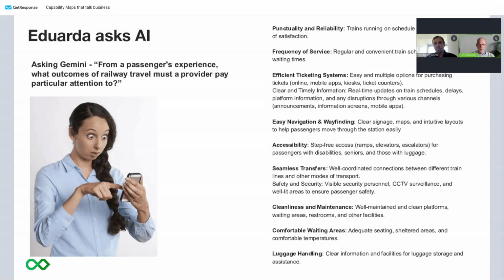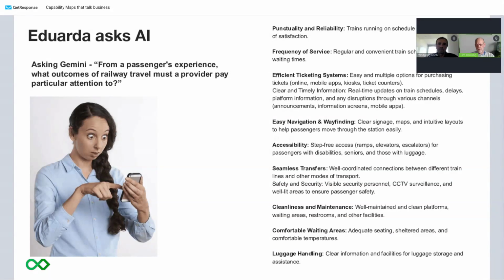Now, maybe you don't like the language, punctuality and reliability and frequency of service. So what? Just use the list to come up with your list of capabilities to understand your new client or your new business, your new job, or your new challenge. So let's say a competitor of your company or your client's company has already solved the problem.